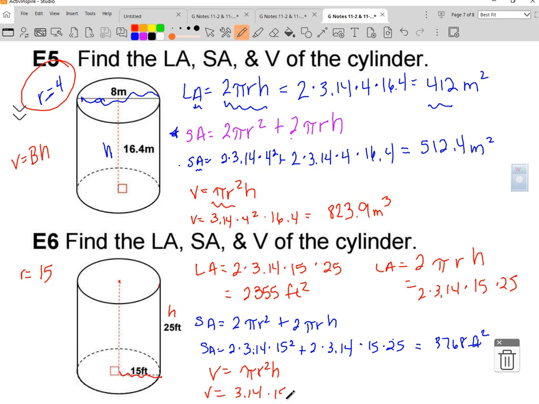The radius is 15, so 15 squared times the height of 25. Pi, radius, height. And I got 17.25. We're going to round that to 3, and that's cubic feet.